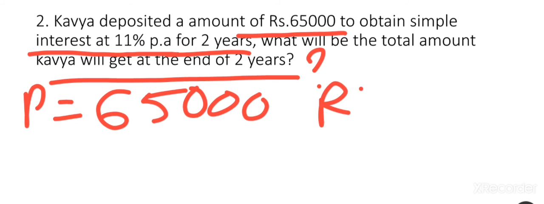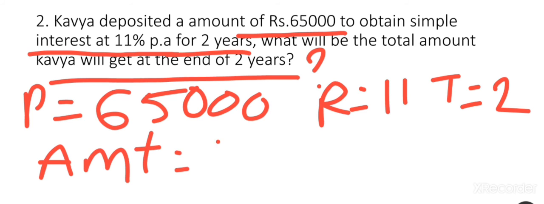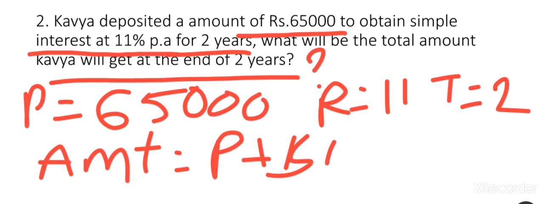Rate of interest given 11%, time 2 years. Now what will be the total amount Kavya will get after 2 years? It means total amount equals to principal plus interest. Simple interest. Principal is given 65,000. Simple interest is not given. So we have to find the simple interest.